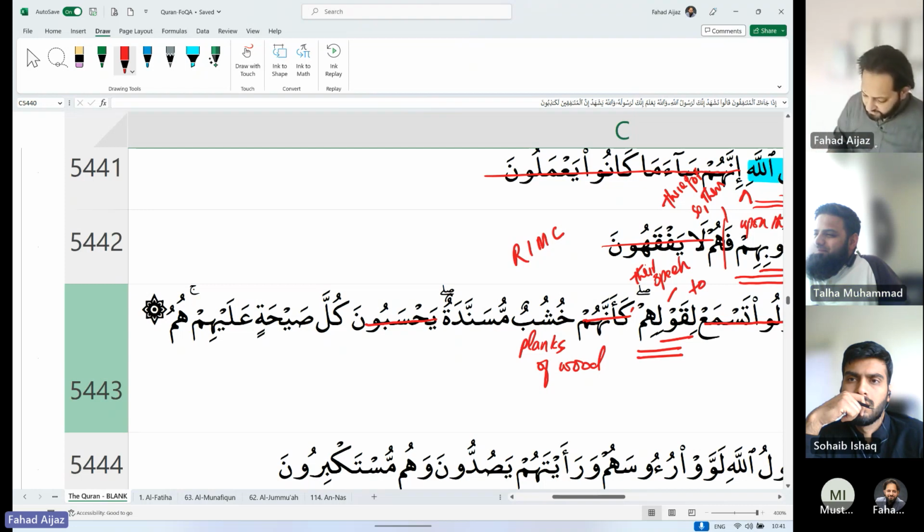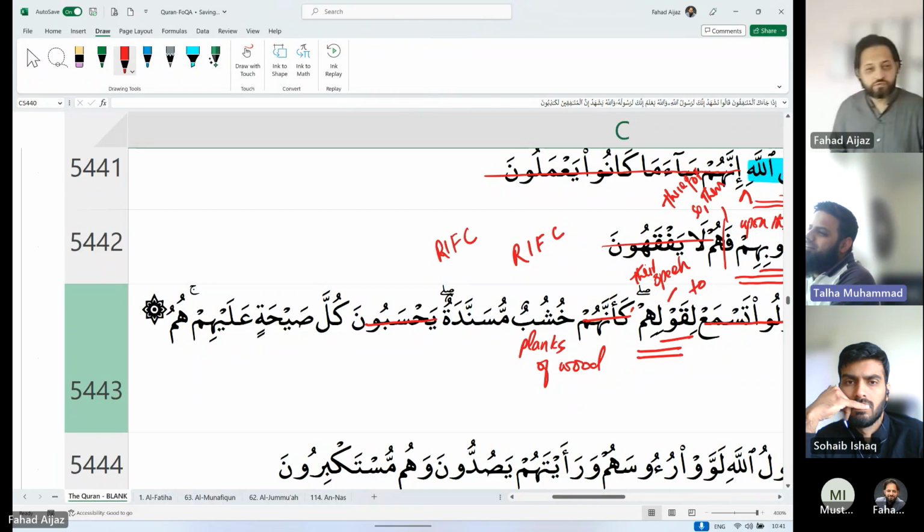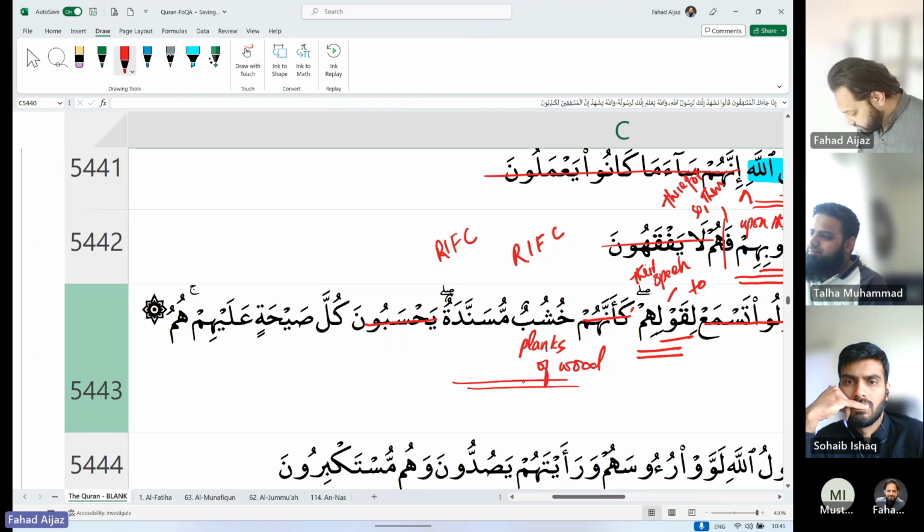Now it's planks, so it's not going to be masculine, it's going to be feminine. Now you do the musannadatun. It's Rafa, singular, feminine, common. So it's a Mawsuf Sifa thing. You see that? So this is mawsuf sifa, 3 lines.